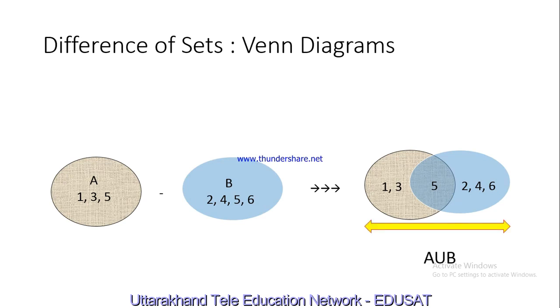Now you know that this is basically A union B. This is just to make you understand. Now this grayish portion basically has only 2 elements, 1 and 3, and these are the elements which were there in A.